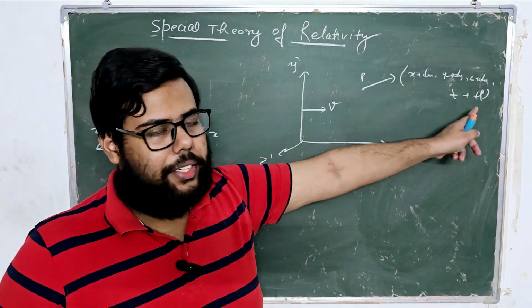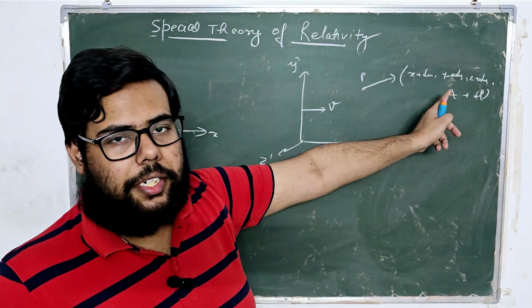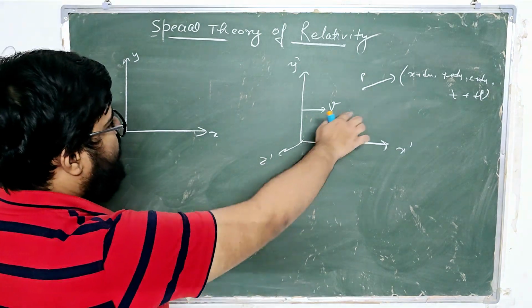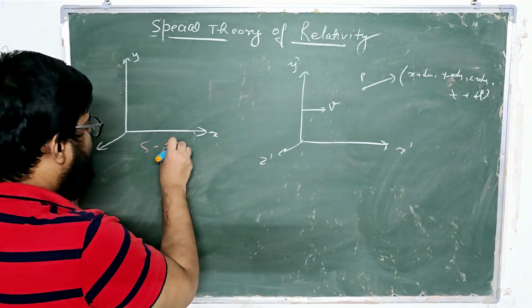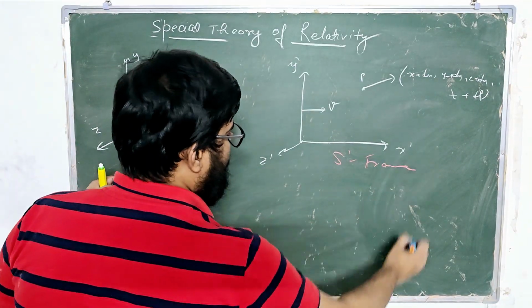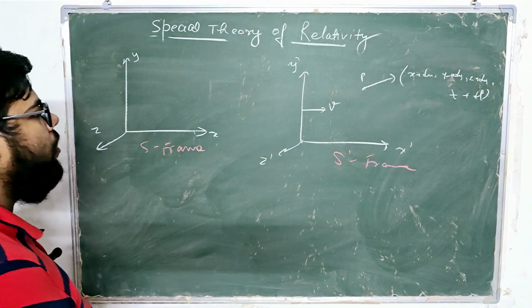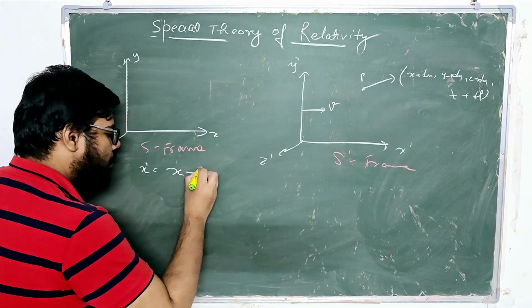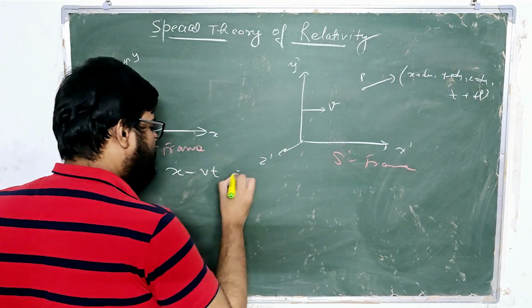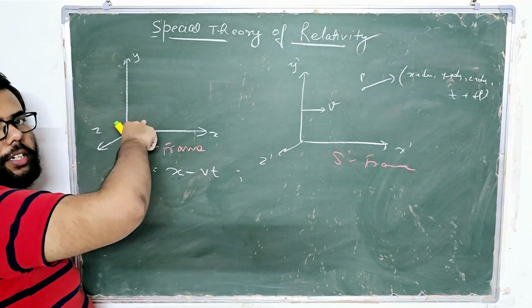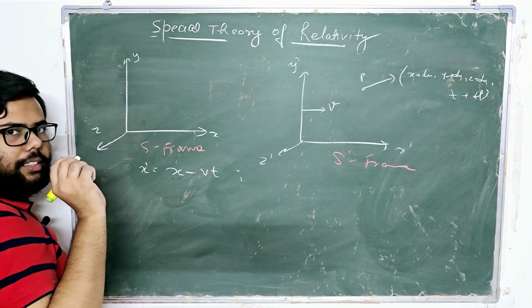Now what are these coordinates? These coordinates are the position vector of this particle with respect to S frame. Okay, so according to Galilean transformation, whatever will be the x coordinate of that particle measured according to this, it will be given like this.